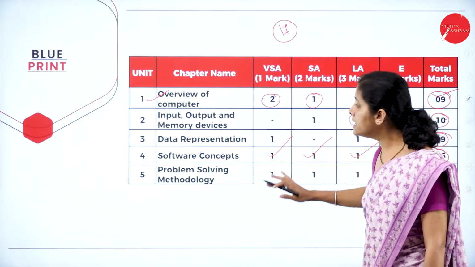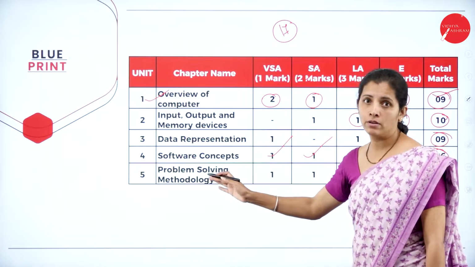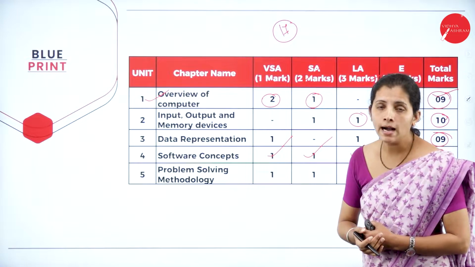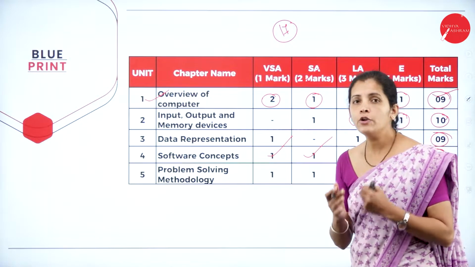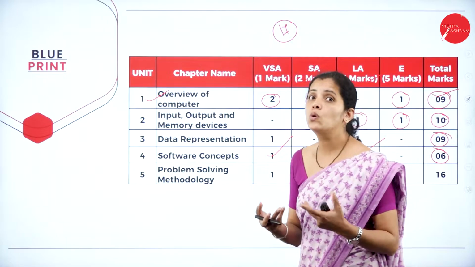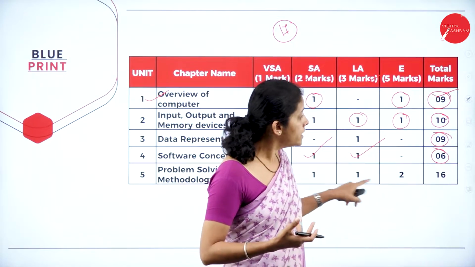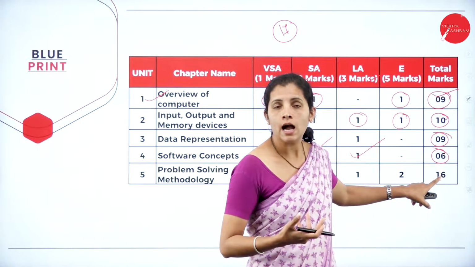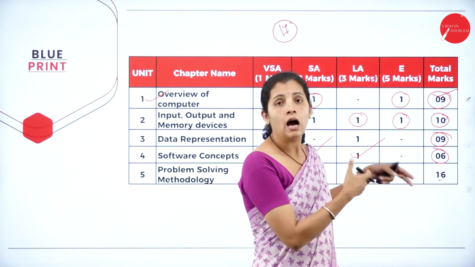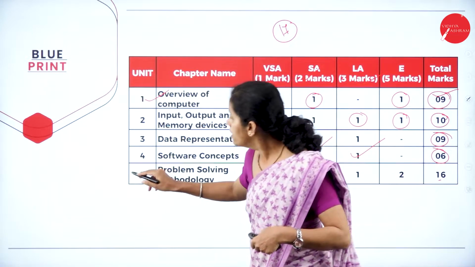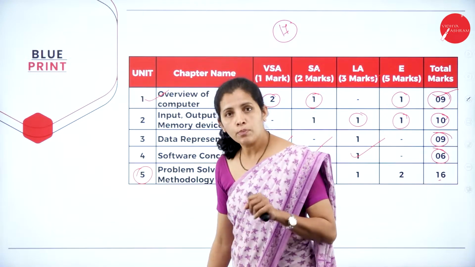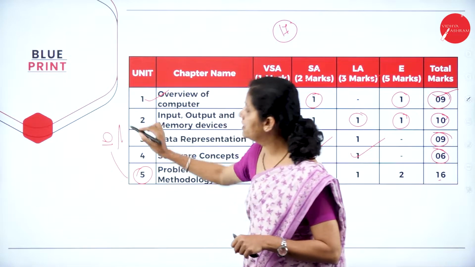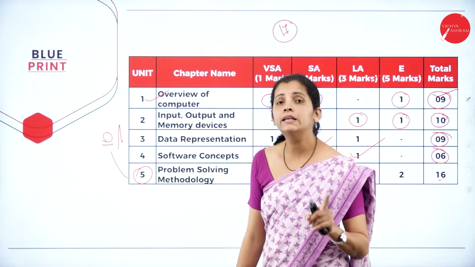And if I study chapter 5, then I can get 30 marks very easily. Now you may ask me, how can I score 30 marks? Because here the weightage is only 16. But I'm telling it is 30. How? Because if I study this chapter properly, then I can attend chapter 10.